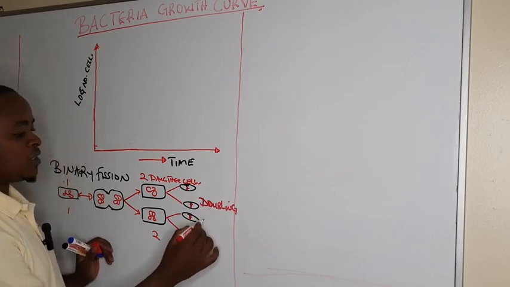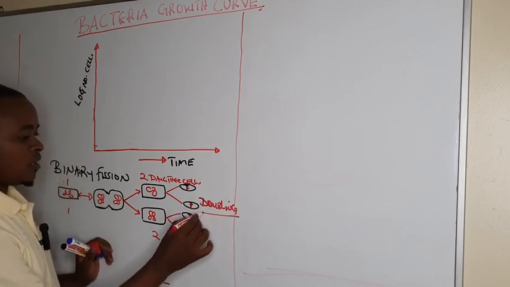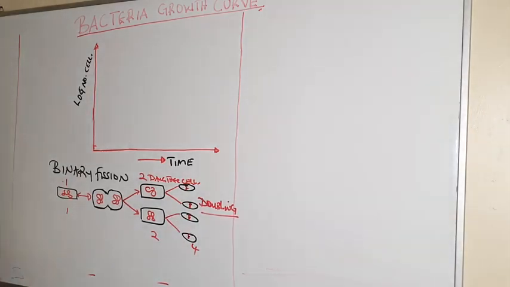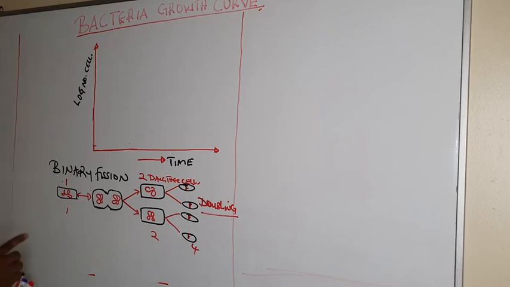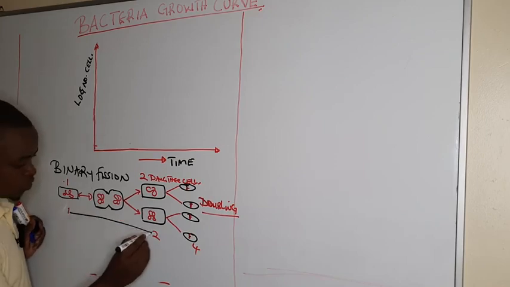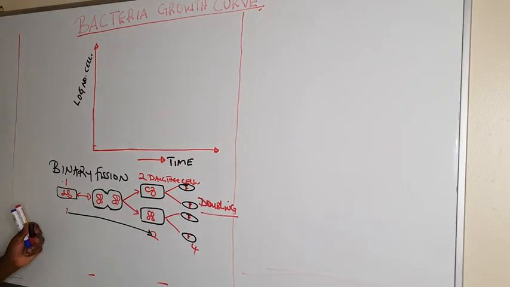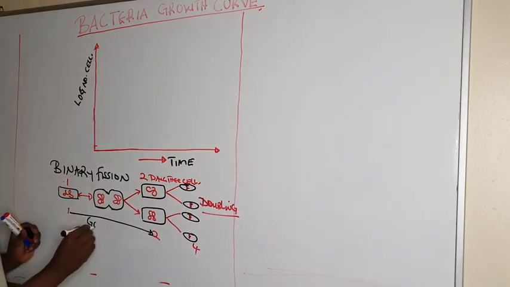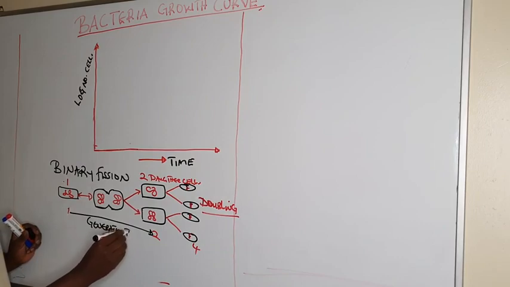The bacterial cells keep doubling. That is what we call binary fission. The time taken by a single cell of a bacterium to produce two daughter cells is what we call generation time.